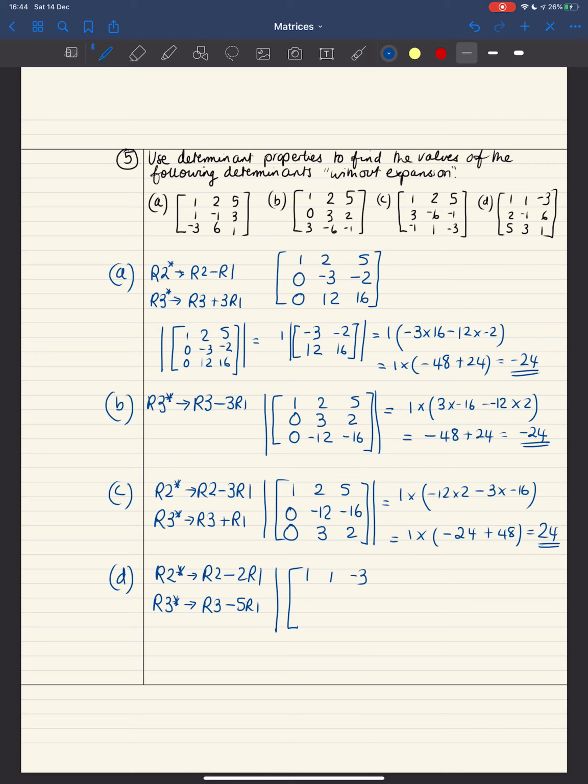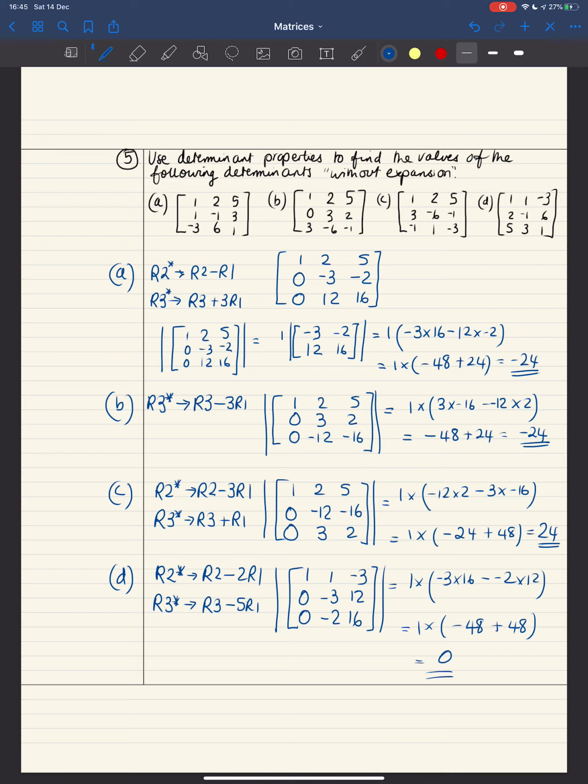So 2 minus 2 is 0, minus 1 minus 2 is minus 3, 6 minus 6 is 12, 5 minus 5 is 0, 3 minus 5 is minus 2, 1 minus 15 is actually 16. Same numbers again. 1 times minus 3 times 16 minus 2 times 12. 1 times minus 48 plus 48, which is nought.